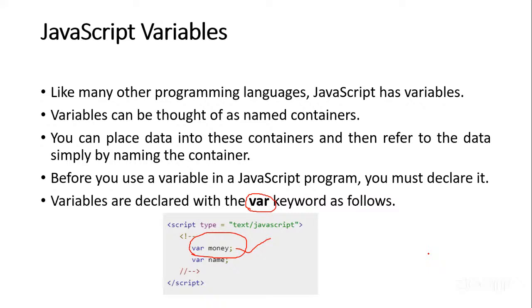This is a very important difference. You must remember that when comparing to C-based programming languages like C, C++, Java, we are not using var. Generally, we are using data type, space, variable name only. But here we are not using a data type, we are using the keyword var to represent variables.